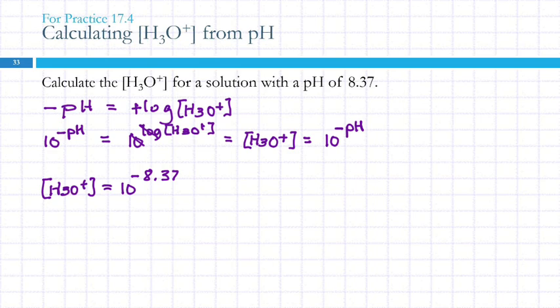And so you're going to use the anti-log button, which on my calculator has e to the little box or 10 to the little box. I press it once, I get the natural one. I press it a second time, I get 10 to the, and I do negative 8.37.